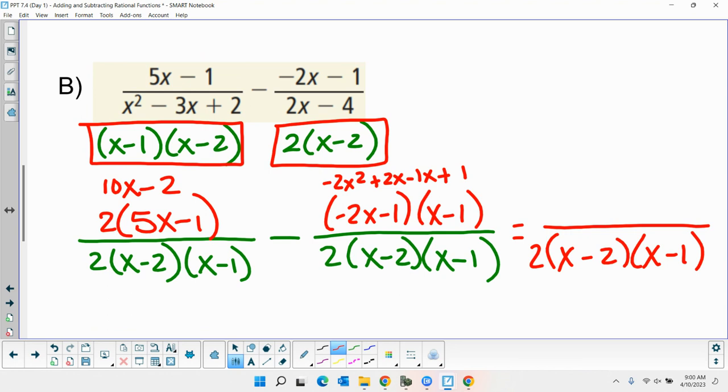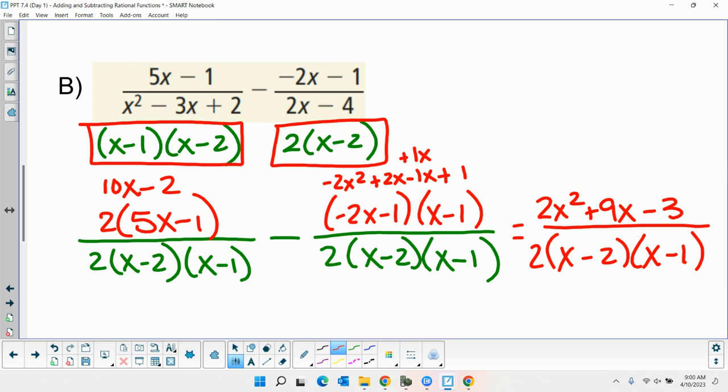Addition, right? So it's a positive 2x squared. 10x minus, well, let's put these two together. What's 2x minus 1x? 1x, right? So what's 10x minus 1x? 9x. What's negative 2 minus 1? Negative 3.